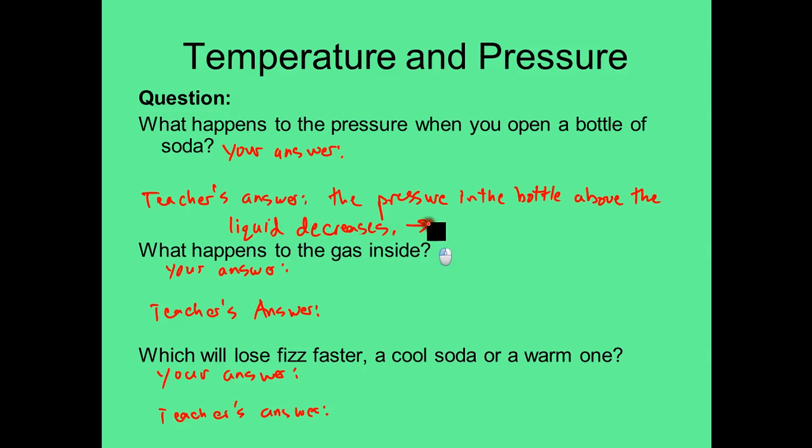And the reason I think this is because more bubbles of gas come out of the liquid. So if there's less gas above the liquid, the pressure decreases. More bubbles will then come out of the liquid and into the gas area above the liquid.